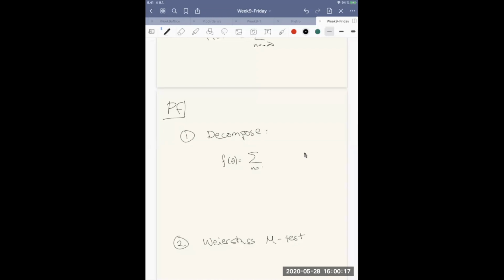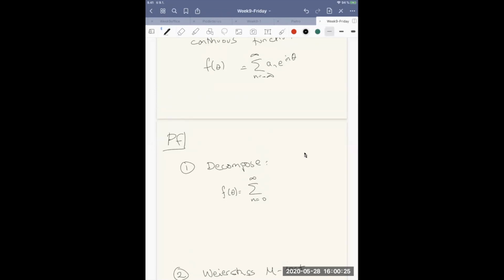First, we want to decompose the series as starting from a finite index in the beginning. So f of theta would be the sum from n equals 0 to infinity of a_n e^{i n theta} plus the sum from n equals 1 to infinity of a_{-n} e^{-i n theta}.